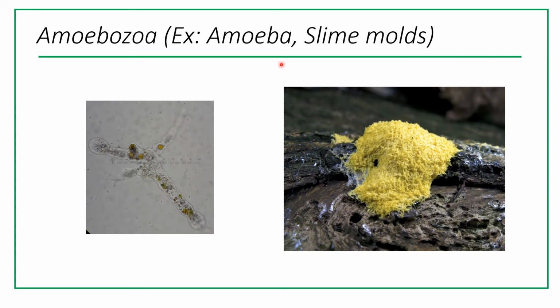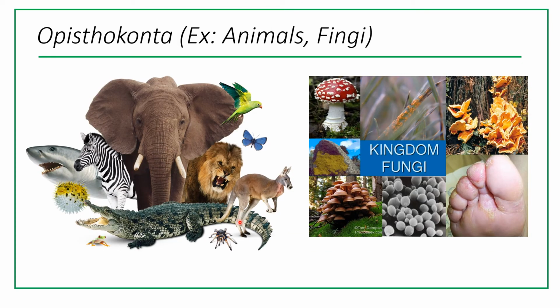Amoebozoa includes some examples like amoeba or slime molds, so very closely related organisms over here. And amoeba is also a unicellular organism living in the water, in fresh water. Opisthokonta includes animals and fungi, right?